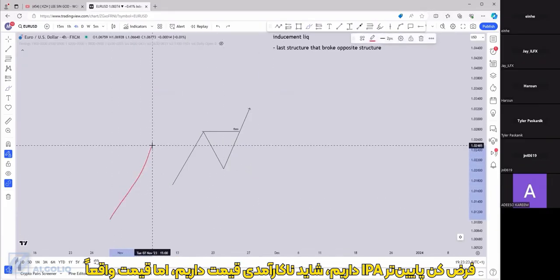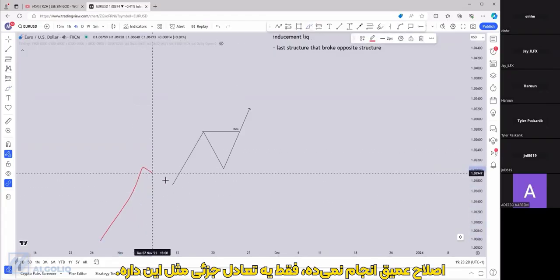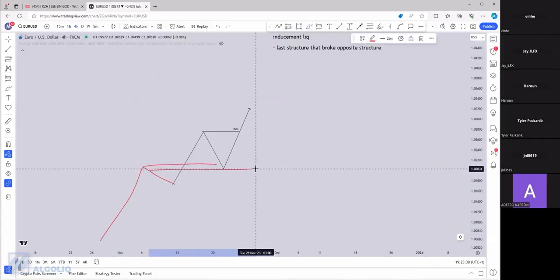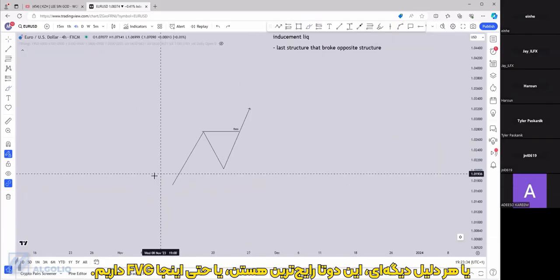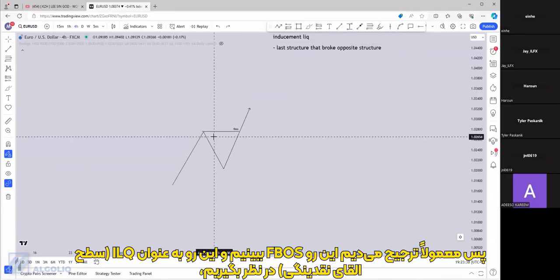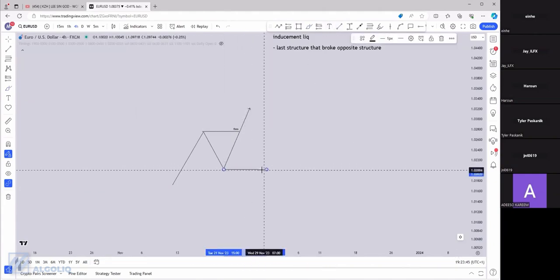Maybe we are EPA, but price doesn't really mitigate deep, it's just slightly rebalanced like this. Or whatever reason, those two are the most common. Or even we have FVG here. So we would usually prefer to see this as FBOS and see this as our ILQ, inducement level.